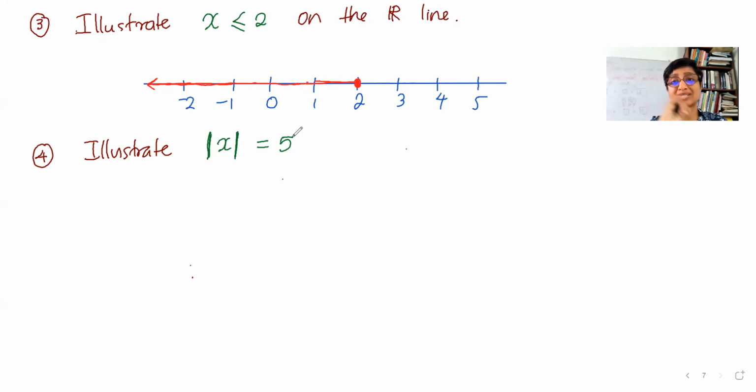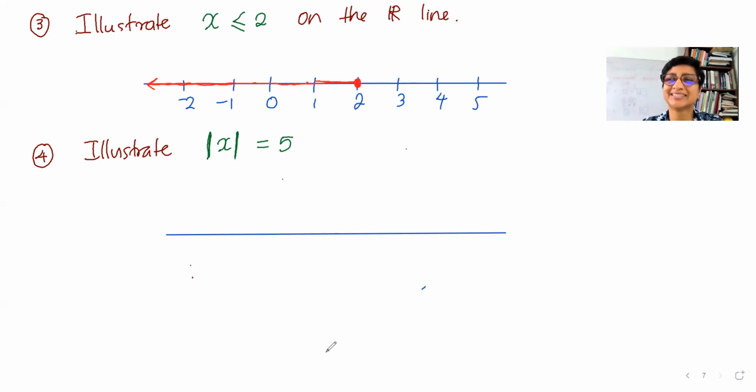If I had used z, then you have to think of the whole plane and think of what are all the complex numbers that satisfy this condition. But right now, I'm only working with the real number line. So how do you show this?